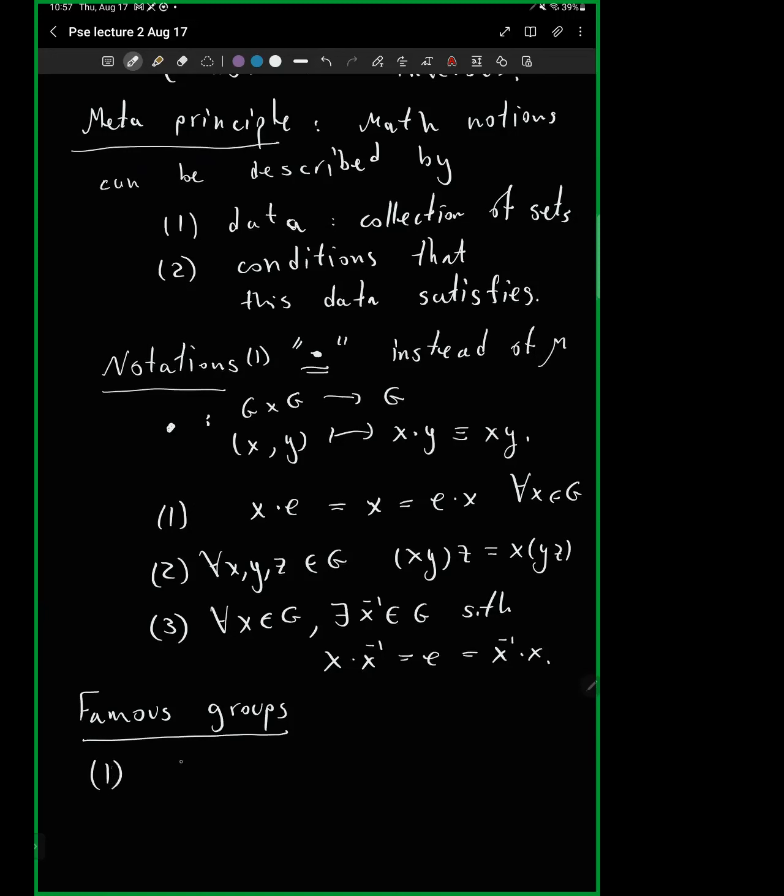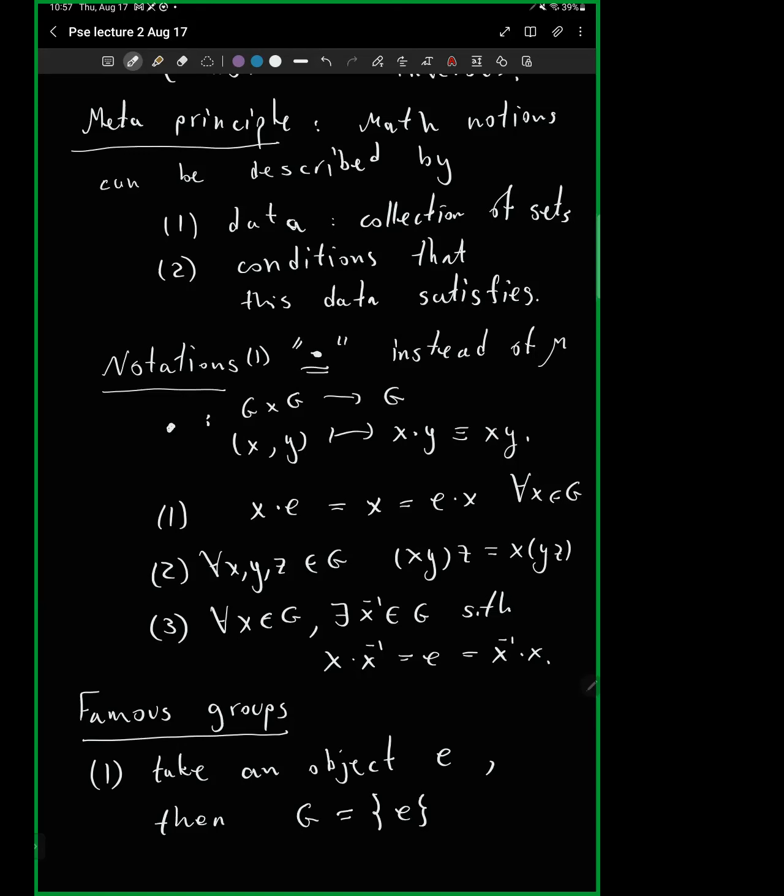One, I take an object E, then you take G as a set, it's just the element E. And the binary operation is the only possible function that you can define.